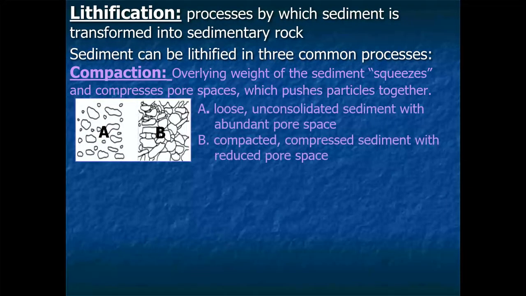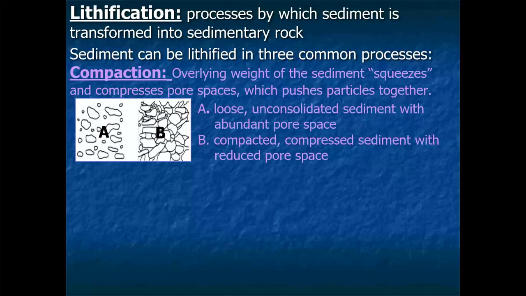If you look, by example, under the compaction, you see a diagram that shows A, and you see that the particles are spaced far apart. We would say that the porosity, and we'll get to that a little later when we talk about water, but we'd say that the space in between the particles is a lot larger.